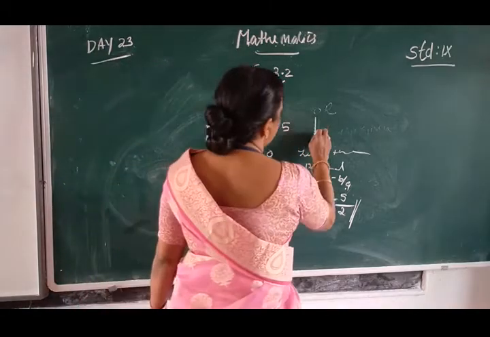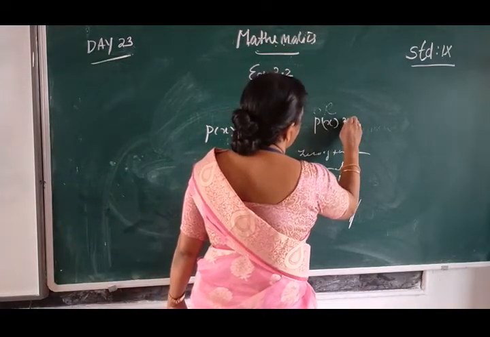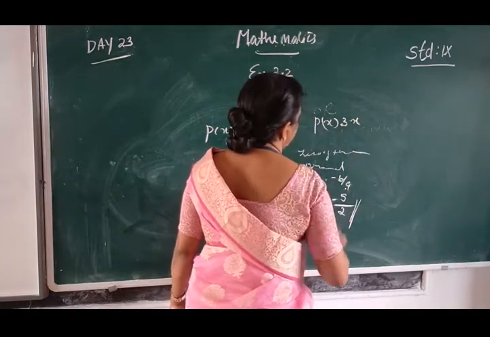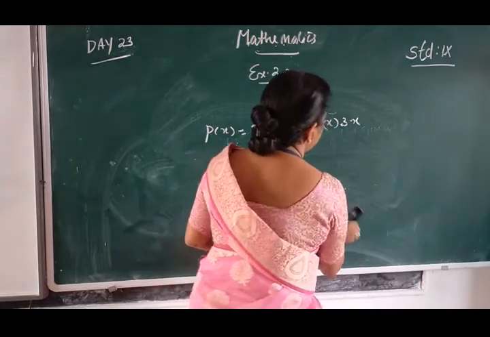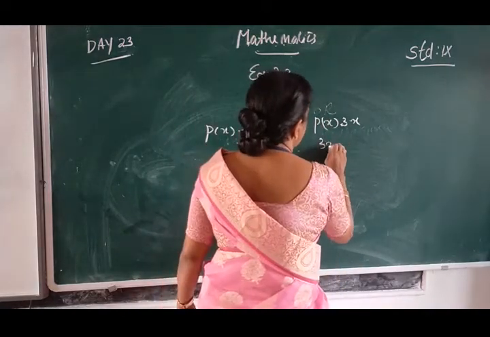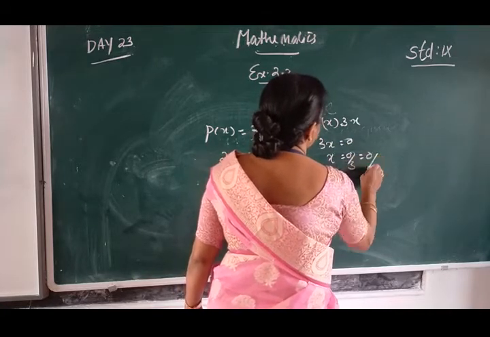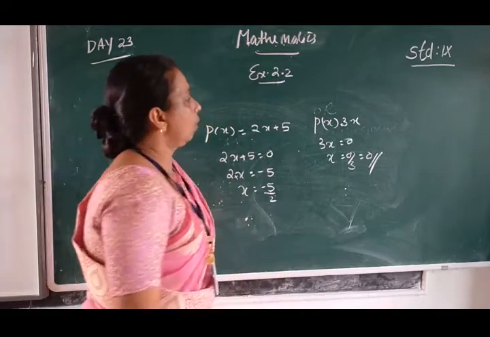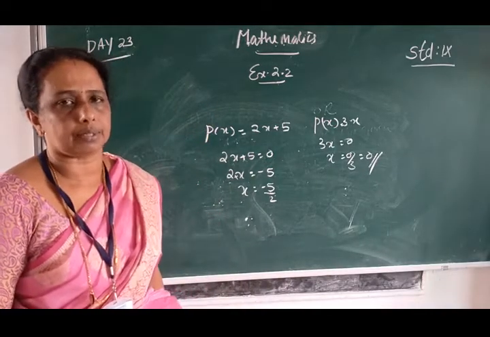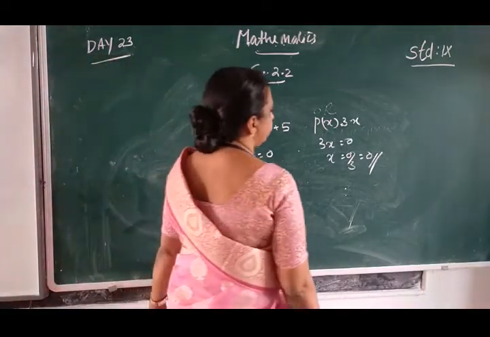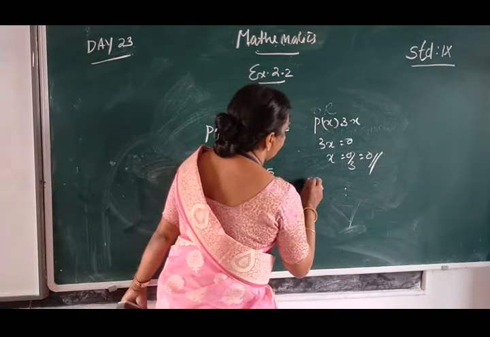Then fifth one, p of x is equal to 3x. That's very easy. Equating 3x equal to 0, then x is equal to 0 by 3, we get 0. 0 is a 0 of the polynomial p of x is equal to 3x. Or using the formula, how can we write the 0 of the polynomial?